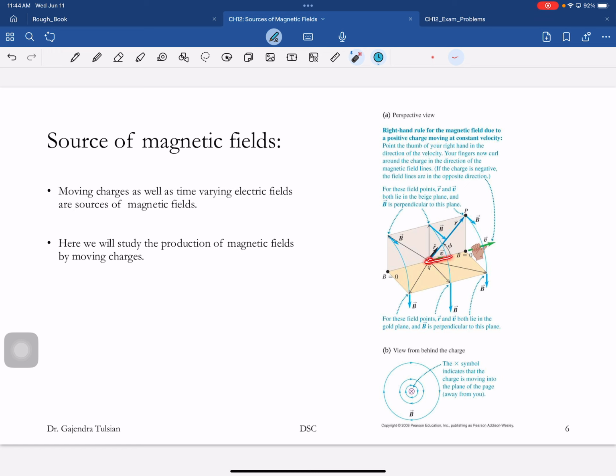Okay, so here is a positive charge moving in this direction, and this is the field it produces. So stick your thumb out in the direction of the charge, and your fingers point in the direction of the field. What you can do is take a cylinder.